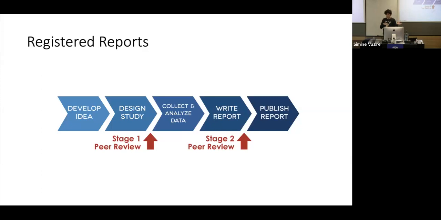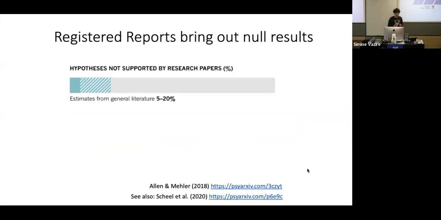So before registered reports, or in the traditional literature, which is still the majority, again, registered reports are still rare, but in traditional articles, it's well known, there's been a lot of meta research showing that something like 95% of psychology articles find a significant result consistent with their theory. So in the traditional literature, the percentage of papers where the hypothesis is not supported is about 5% in psychology.